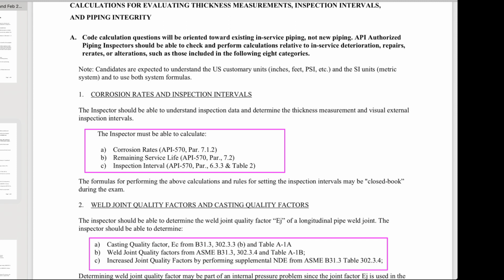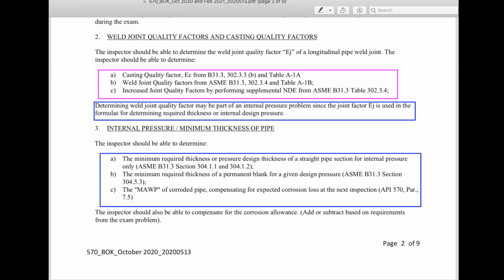And definitely a question will come from this for sure. So you should practice questions based on these calculations in the exam. The weld joint quality factor is a part of the internal pressure problem also. It's E or J, one of the usage factors.